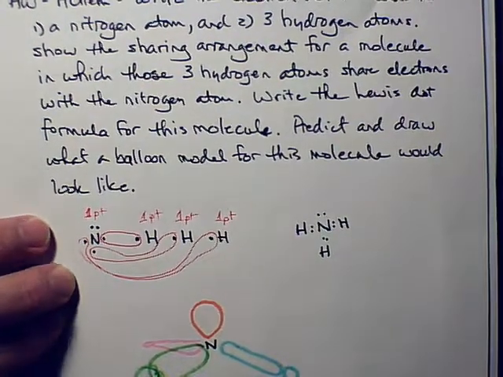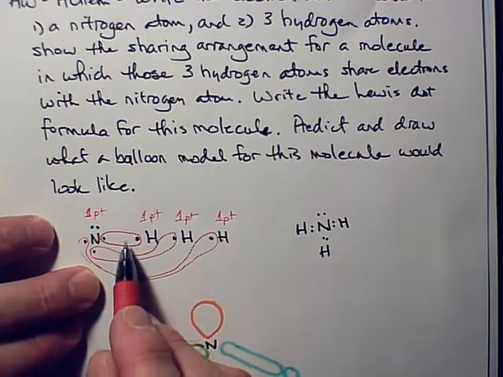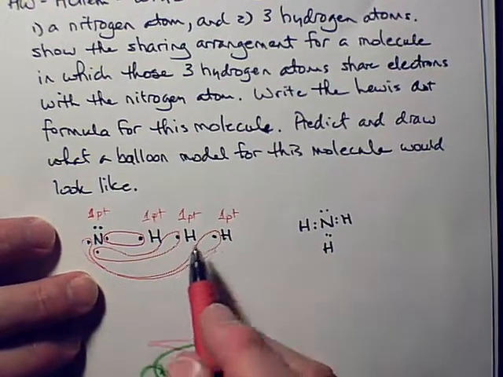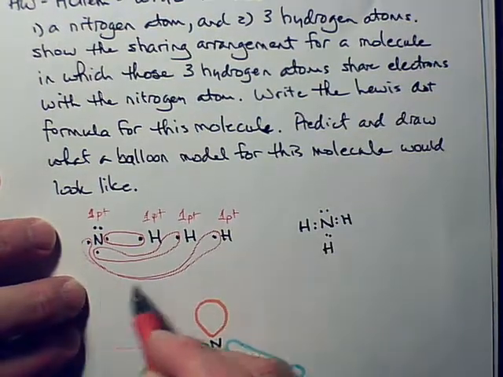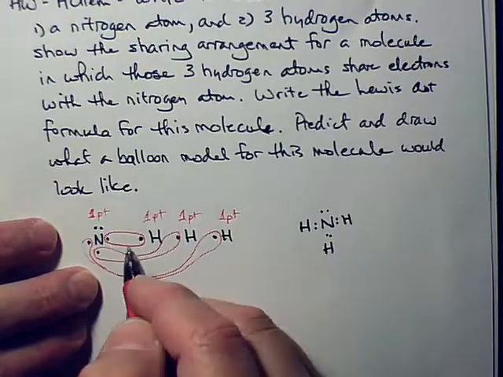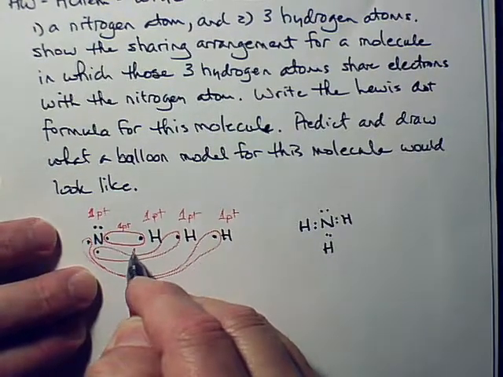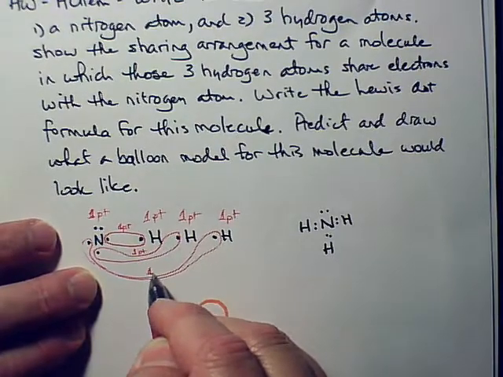Okay? Then I'm going to give, we've circled or drawn, connected these electrons to show the sharing, and I've got 3 of those. So this one's going to be worth a point, and this one's going to be worth a point, and this one's going to be worth a point.